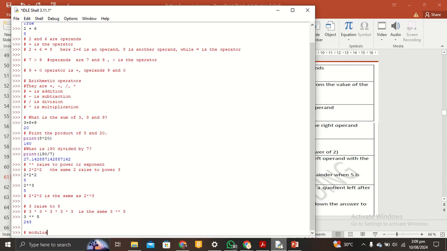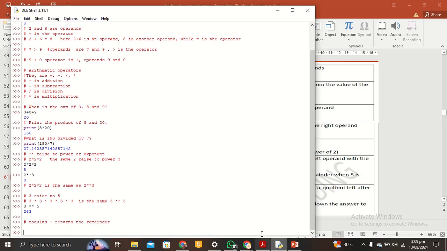So the arithmetic operator that shows you the remainder is the modulus. It returns the remainder. Modulus is the percent sign, Shift 5. That's modulus.